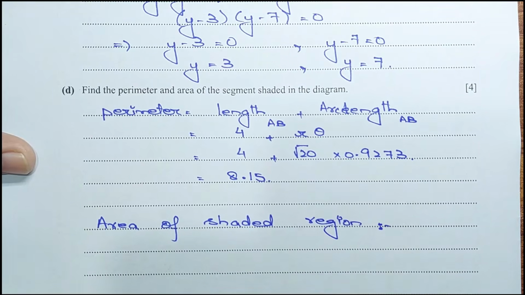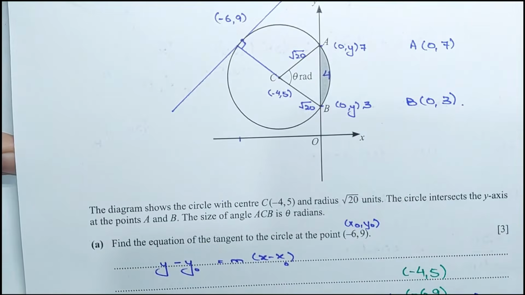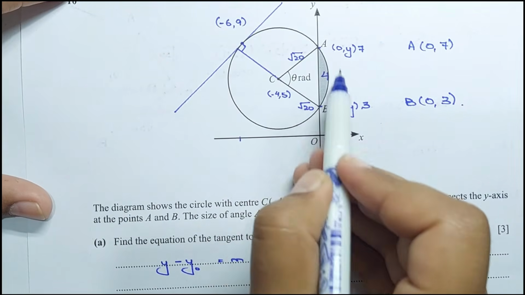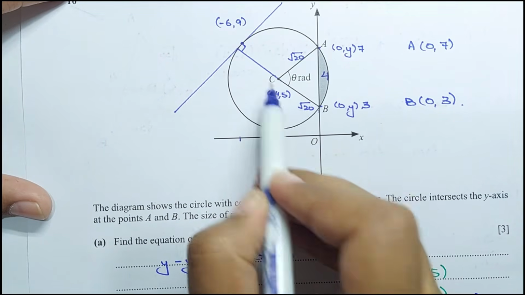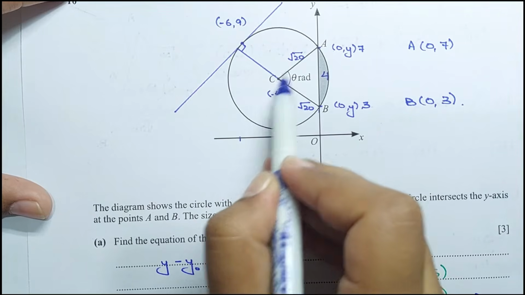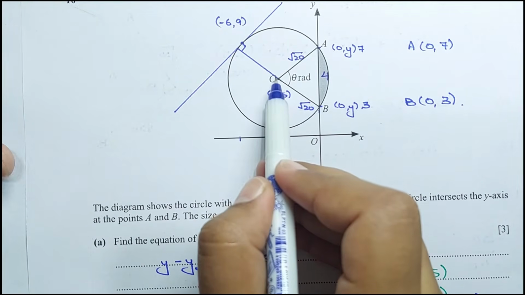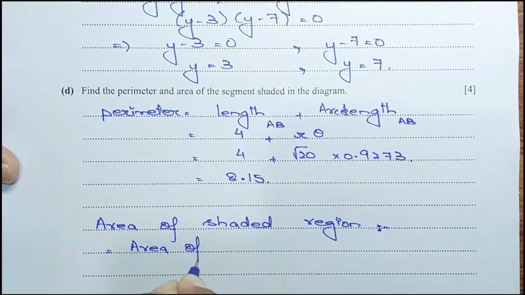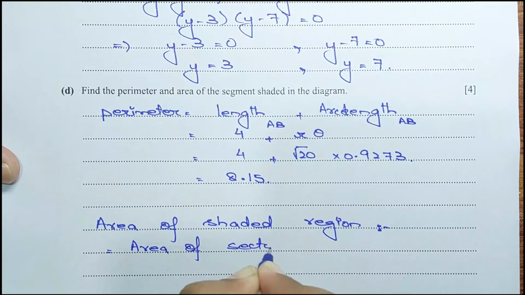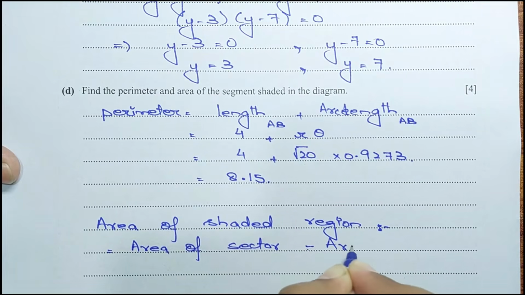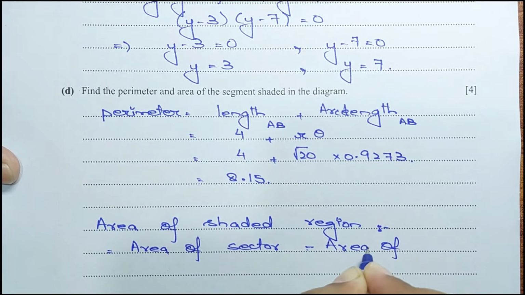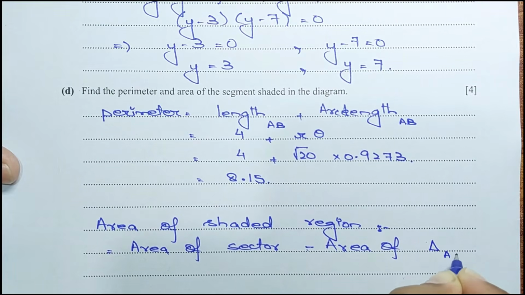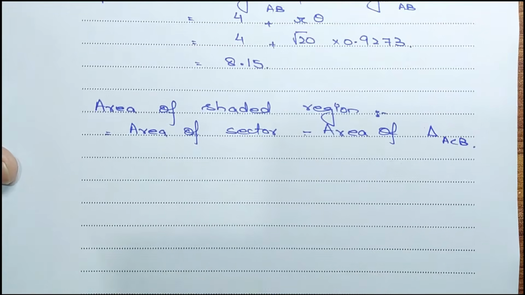To get the area of the shaded region, as you can see in the diagram, first we have to find the area of the sector of the circle ACB, this sector, and then subtract this triangle because the triangle is not shaded, right? So A equals area of sector minus area of triangle ACB, right?